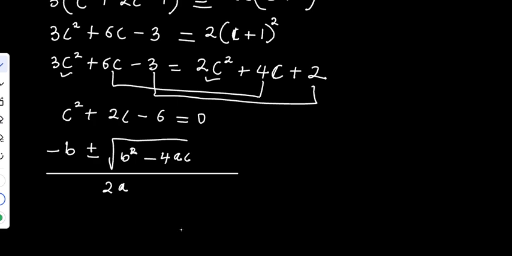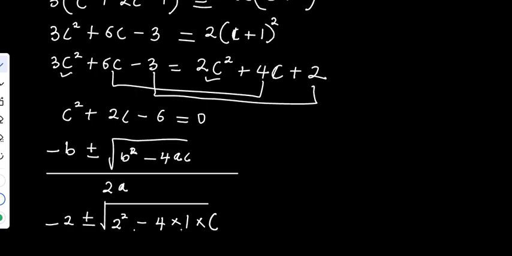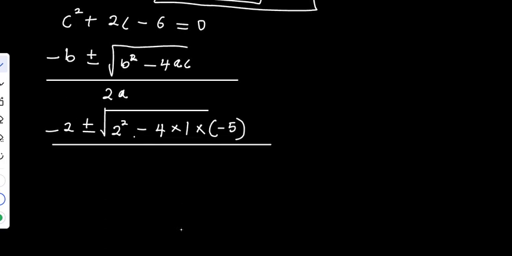So evaluating this, it is going to be minus 2 plus or minus the square root of 2 squared minus 4, multiplying a which is 1, multiplying negative 5, and all of this is divided by 2.